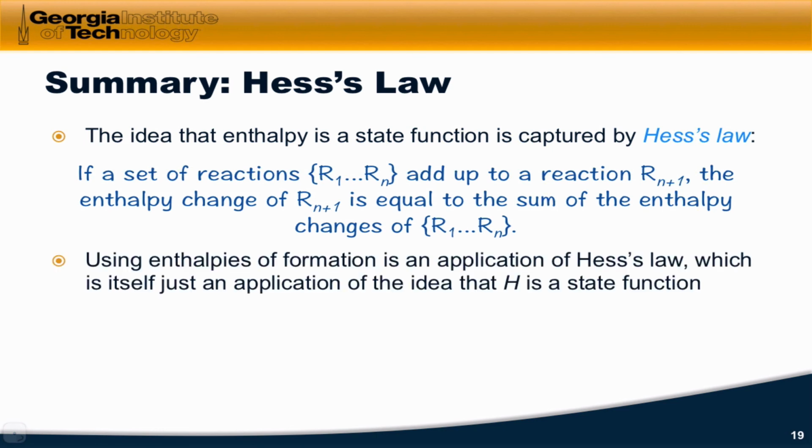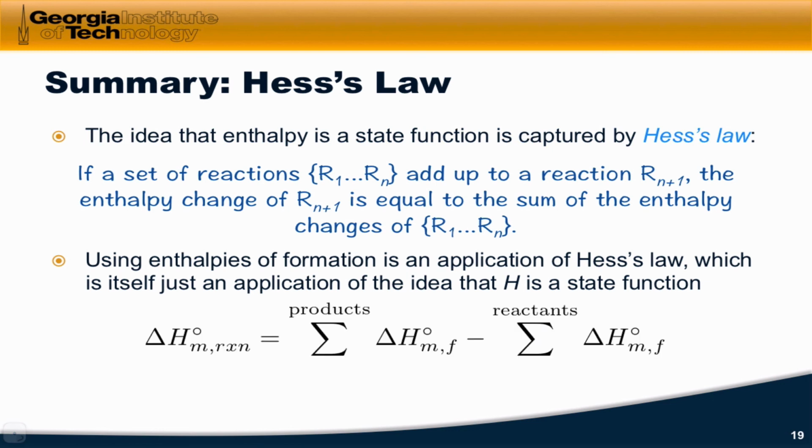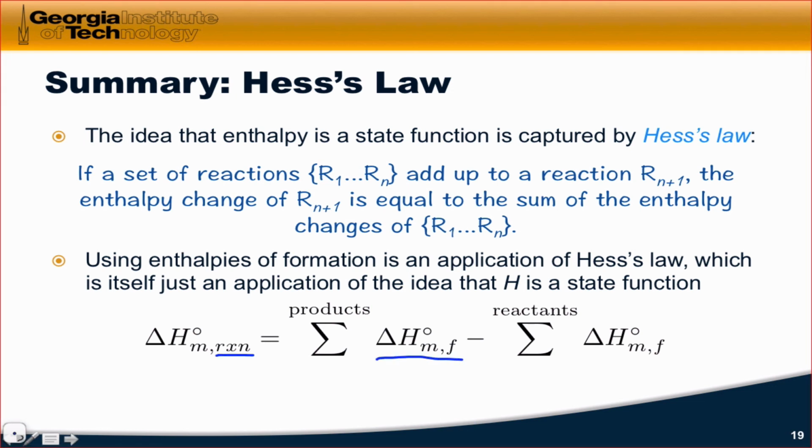Using the enthalpies of formation in particular is just an application of this idea where the set of reactions happen to be the formation reactions of the reactants and products. And here's that formula for you again one more time. The enthalpy change of reaction is equal to the sum of the enthalpies of formation for all the products, respecting stoichiometry, minus the sum over all of the reactants of the enthalpies of formation of the reactants, again respecting stoichiometry.